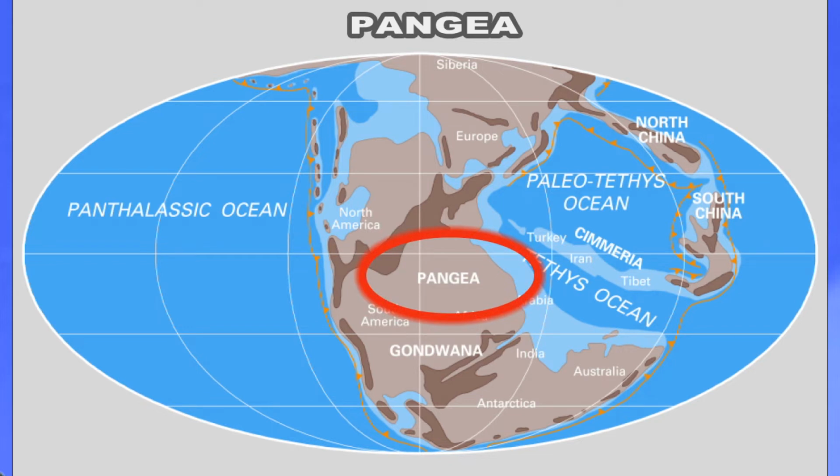Pangaea was a supercontinent that existed during the late Paleozoic and early Mesozoic eras. It assembled from earlier continental units approximately 335 million years ago, and it began to break apart about 175 million years ago.